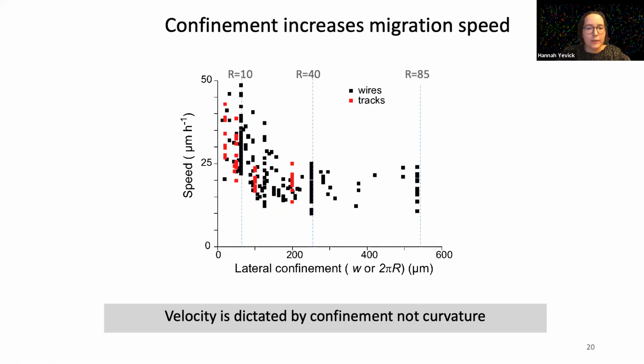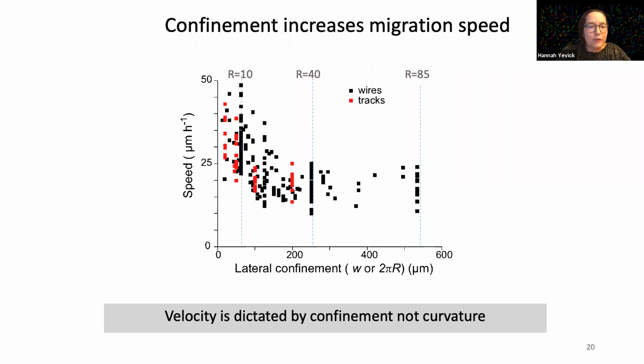So I've plotted this here, where I'm plotting the collective migration speed of the front with respect to the lateral confinement for both cell tissues confined into wires or tracks. If we first focus on the black points, or the wires, you can see that below a lateral confinement of around 200 microns, which is just around a radius of 40 microns, the migrating front starts to speed up and goes faster.